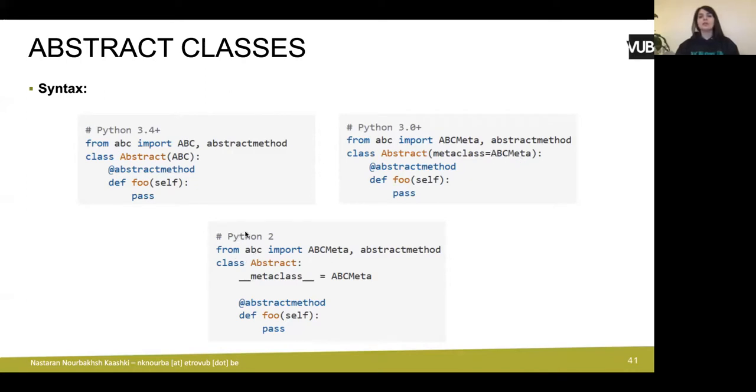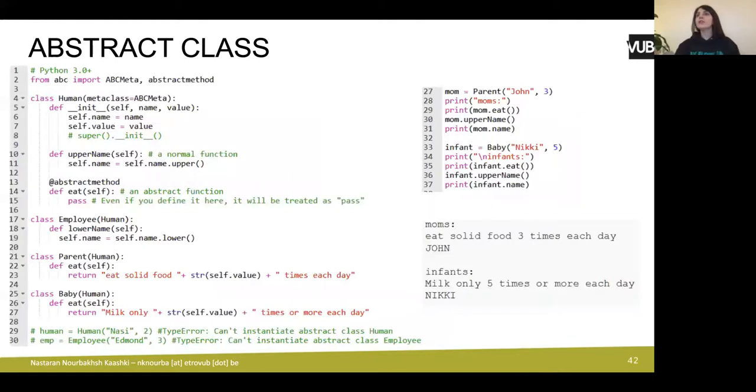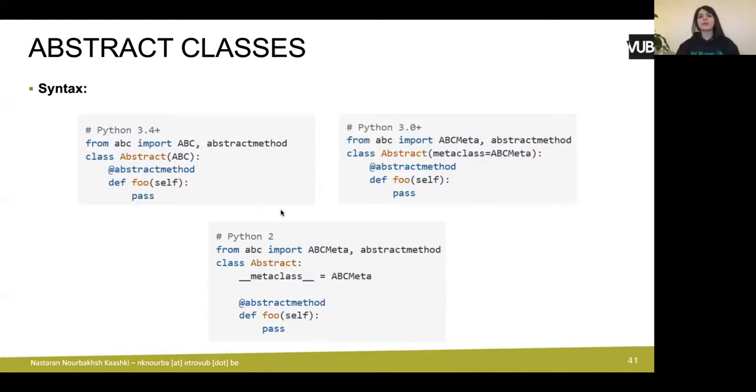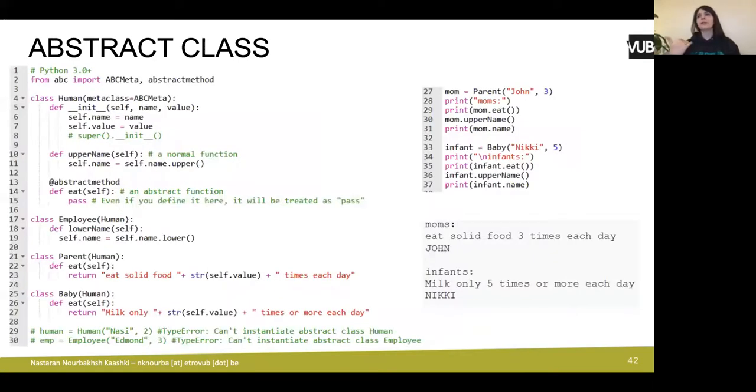In Python 2, it's also different, as you can see, but this is not our concern. Depending on your interpreter, you should go either for this one or this one. For my interpreter, I had to use this way of implementing the abstract class.